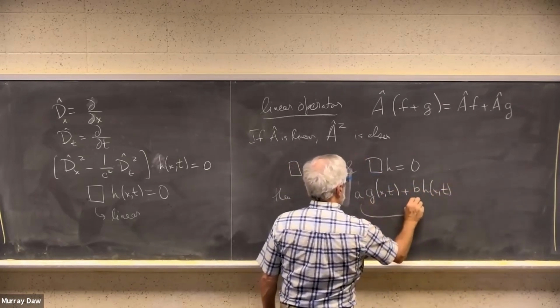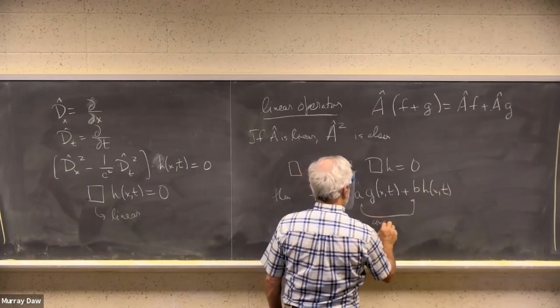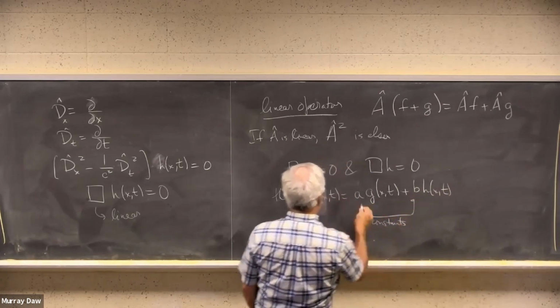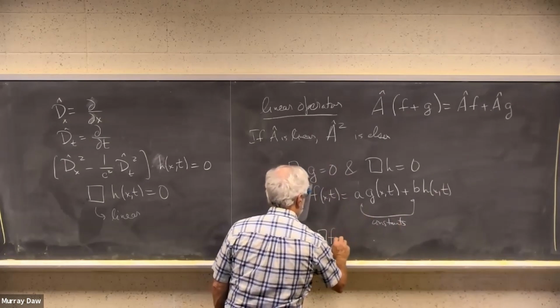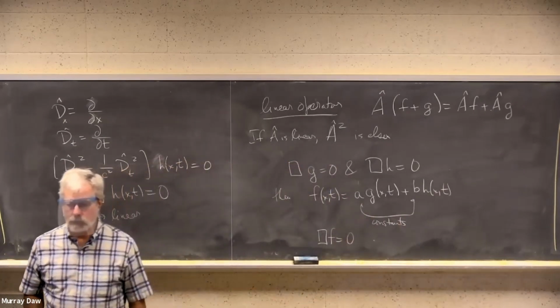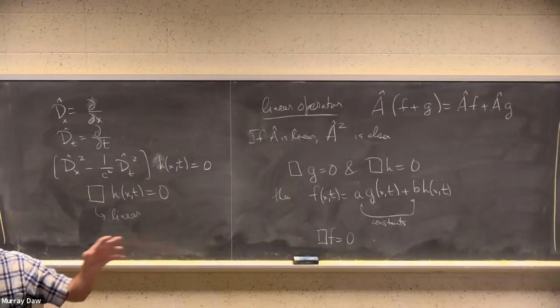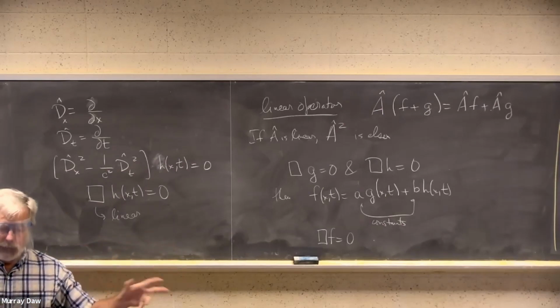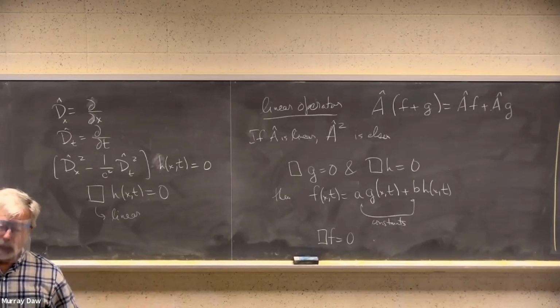Any of these are constants. And the del inversion acting on this is also 0. So that's how I, for example, could take a right traveling wave and a left traveling wave, add them together and get a solution which was now a standing wave.